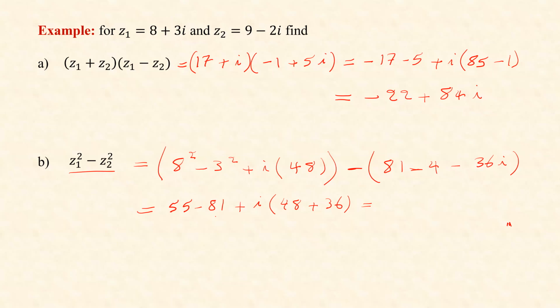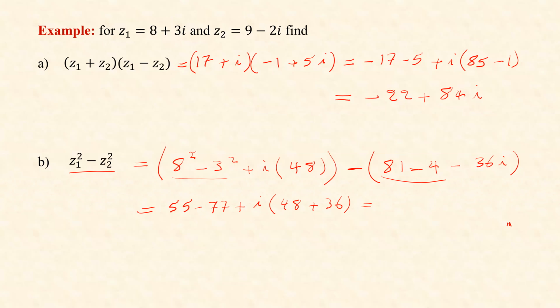Did I do it right? This is 64. 64 minus 9 is, oh yeah, 55. Yep. You forgot to subtract the minus 4. 55. And then, oh, this is not 81. 81 minus 4 is 77.